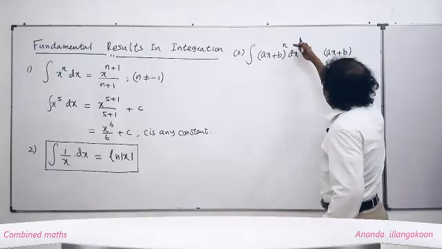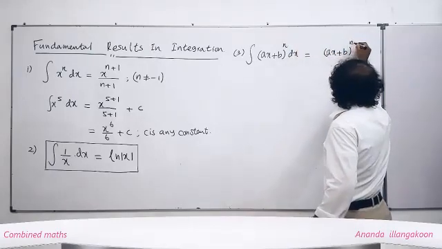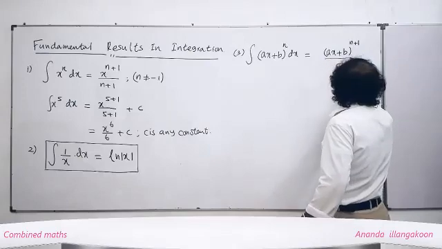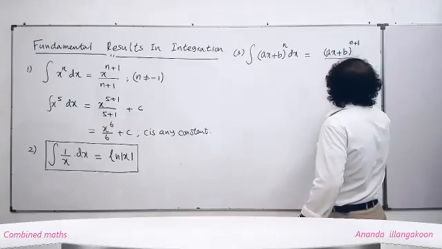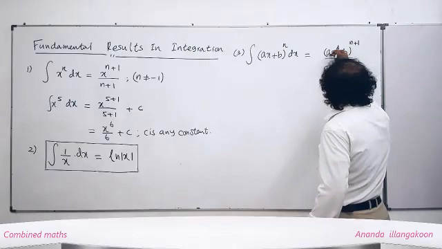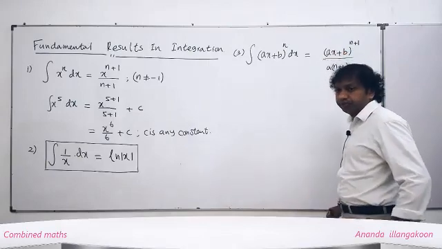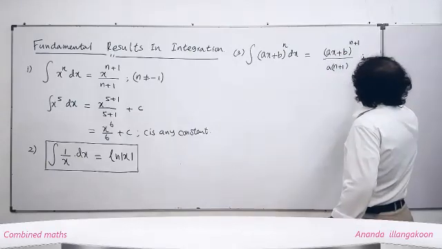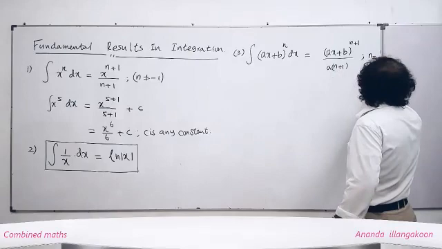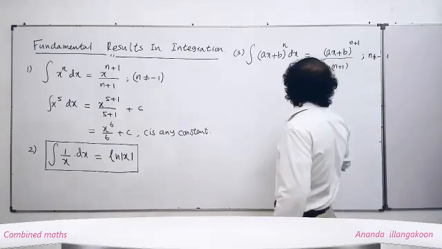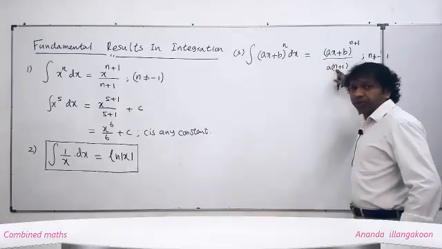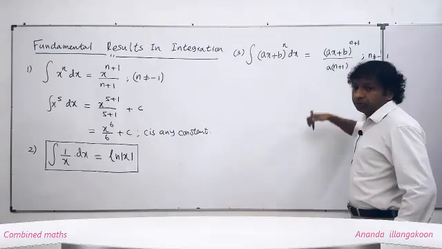Then in this case, the integral is: add 1 to this power, divide by the new power, and divide by the x coefficient, like this. Here n should not be equal to minus 1, because when n equals minus 1, this denominator is 0, then this has no meaning.